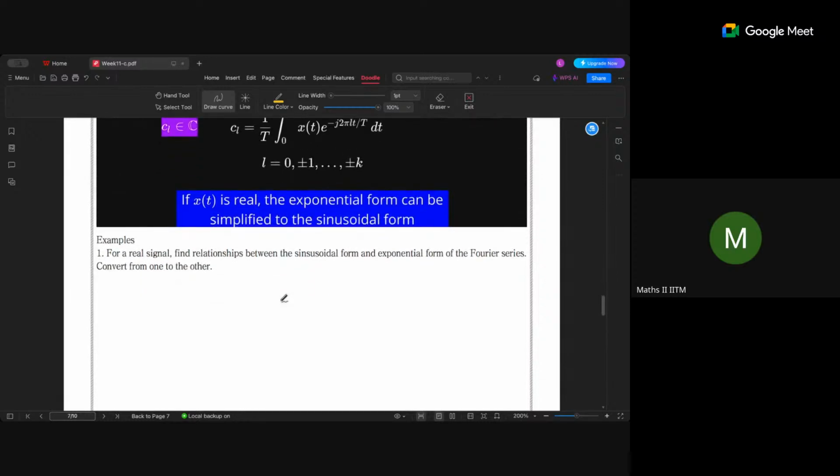Now let us see for a real signal how we can find the relation between the sinusoidal form and the exponential form. For a real signal we have seen only the sinusoidal form. How can we check whether it is related to the exponential form or not?